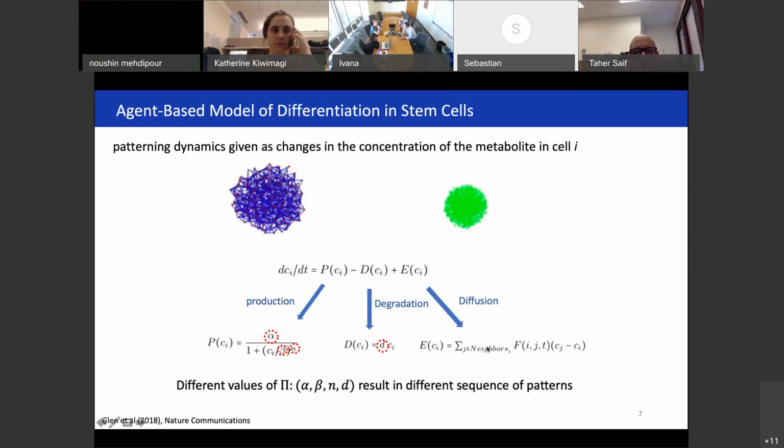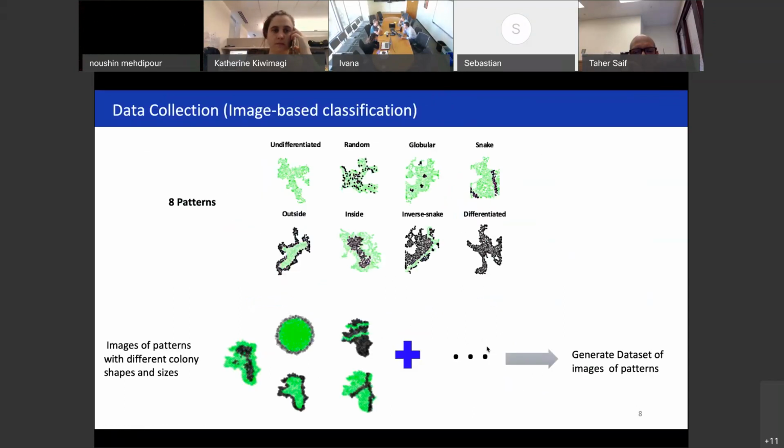Our work was basically how we can find what tunable parameters can lead to a specific sequence of patterns. So again, what we need to start our work is a computational model and data for the classification. We can do the classification in two different ways. We can use image-based classification, for which we need to collect data or images.